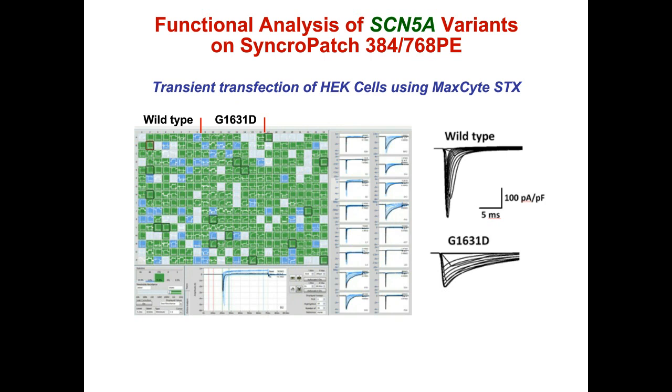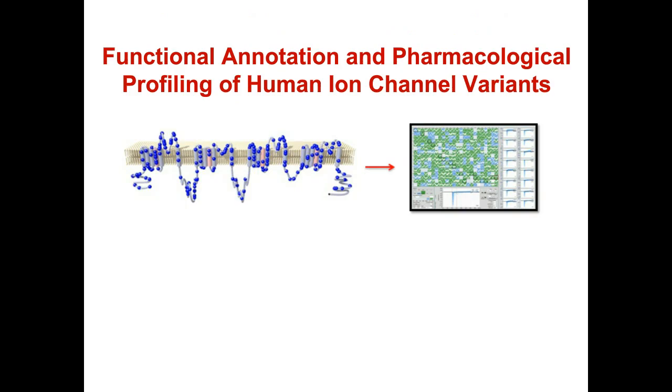And so just to summarize a little bit and show you one last tantalizing tidbit of data, which we published recently, our long-term goal is to use the high-throughput automated patch clamp system to do functional annotation of genetic variants, and that's what I've been illustrating.